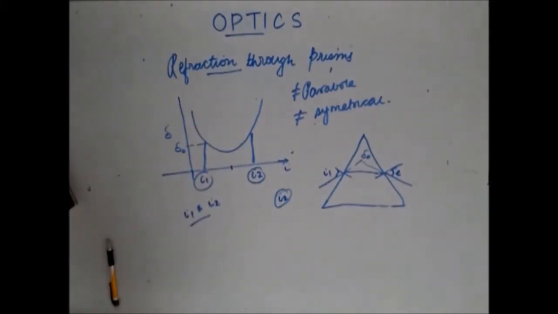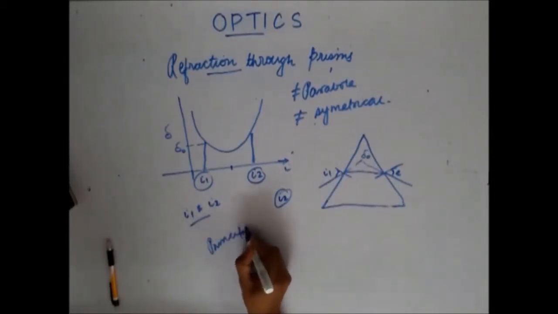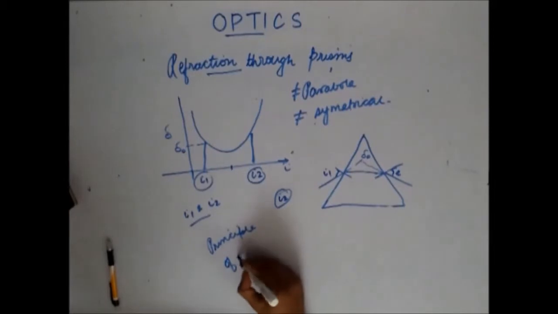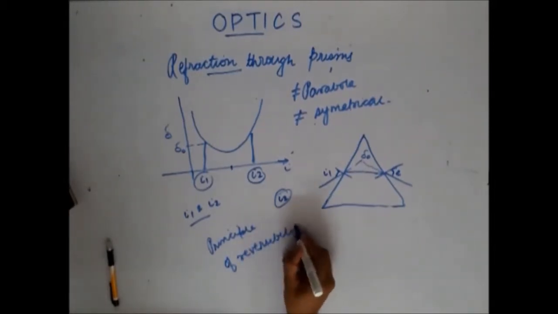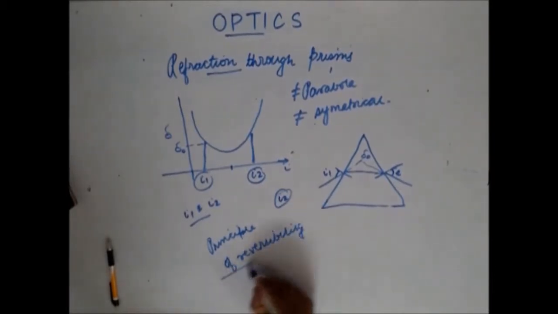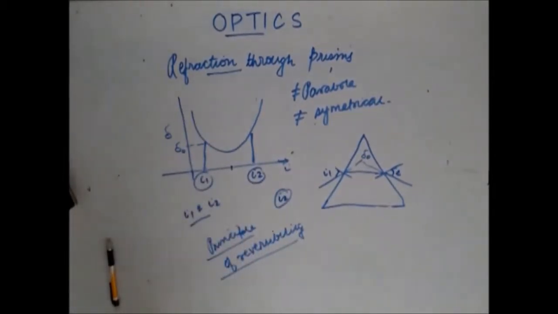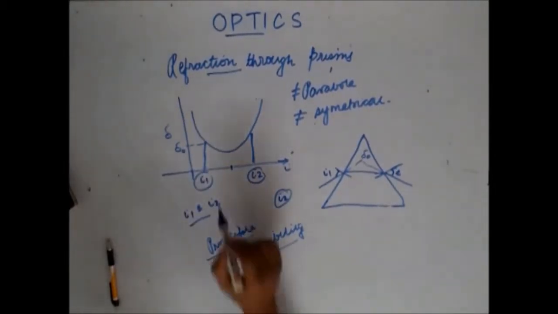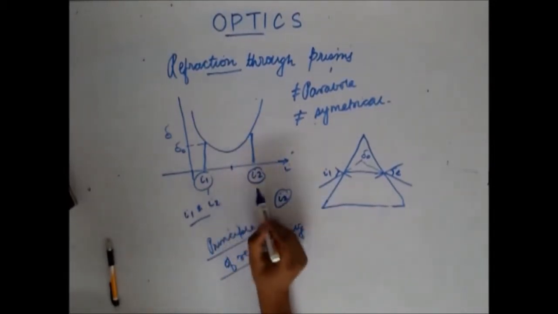Try thinking in terms of the principle of reversibility, which I had already discussed long back. Try applying your knowledge of the principle of reversibility and figure out why there are two angles for a particular delta, or in other words, if I give you I1, can you find I2?